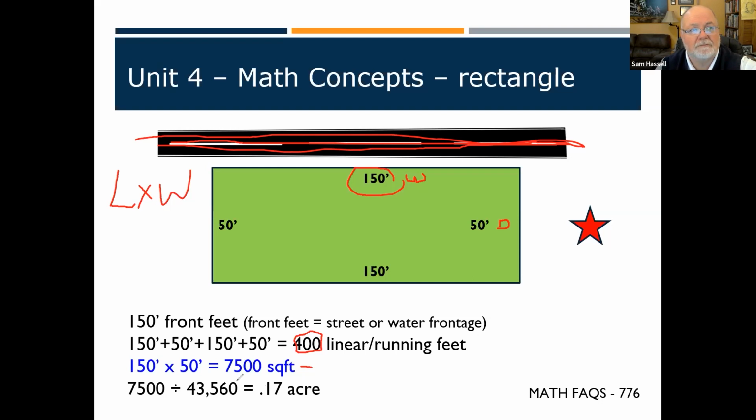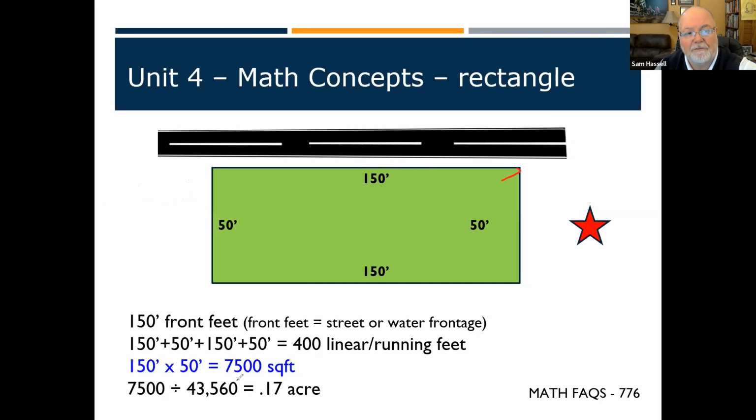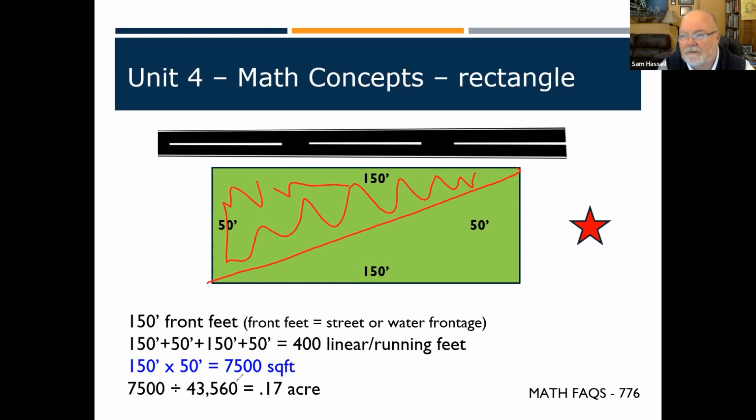What if I wanted to find out how much area do I have on that side of the triangle? Does anybody remember the formula for a triangle? Length times width divided by 2. All we have is this rectangle.